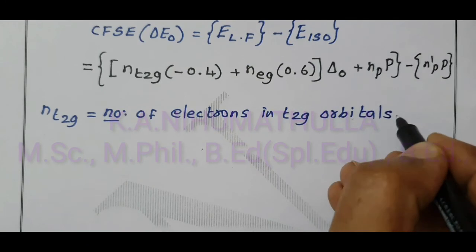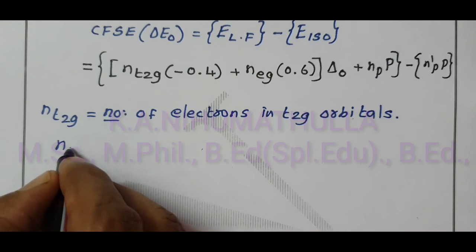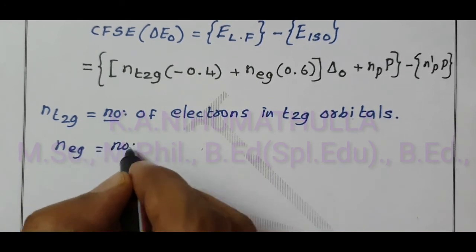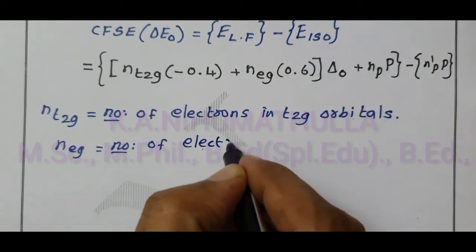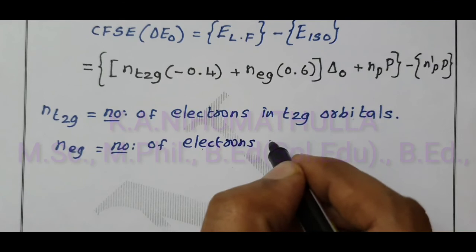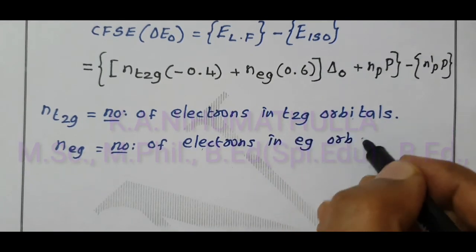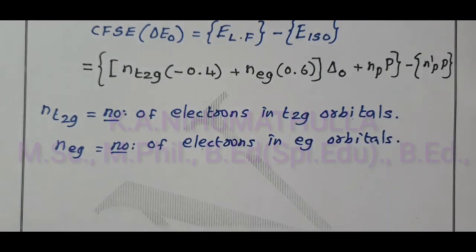What is n-Eg? It is the number of electrons in the Eg doubly degenerate orbitals.